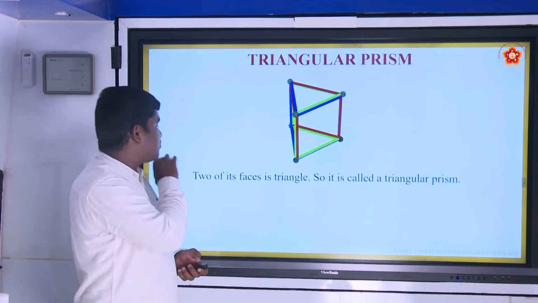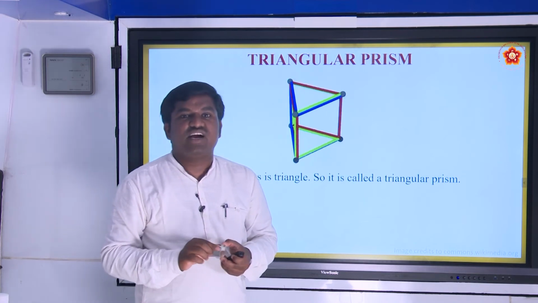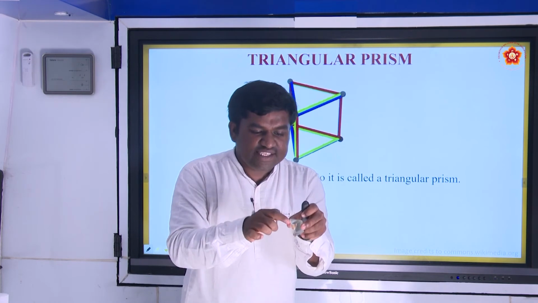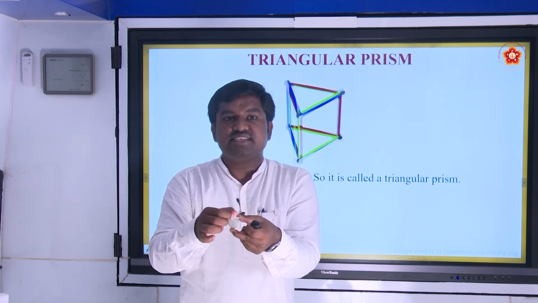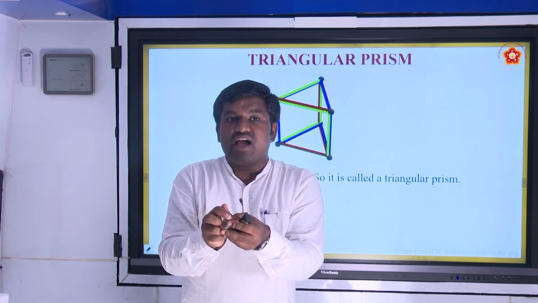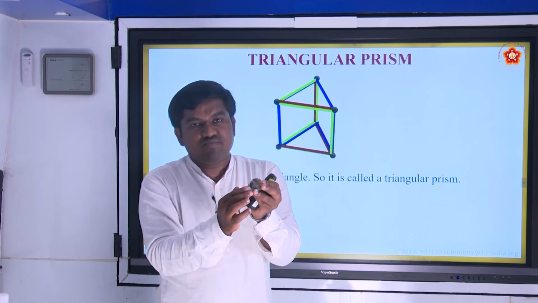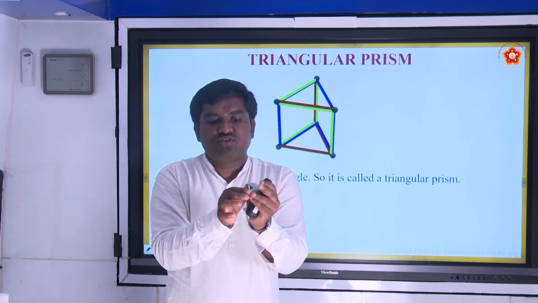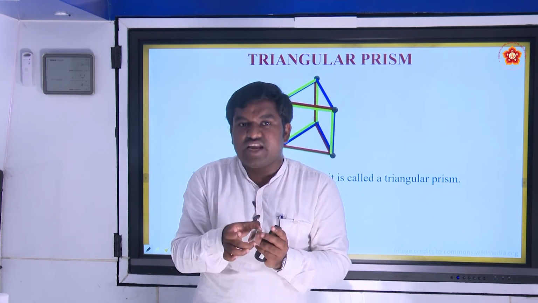Two of its faces are triangles, so it's called a triangular prism. See this face, the top one, what is the shape of this? This is a triangle. This base is triangular in shape. Then the bottom is also triangular in shape. So these two faces are triangles in shape.